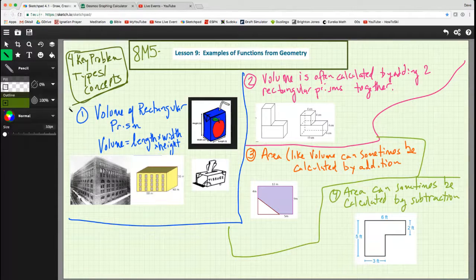You need to know the volume of a rectangular prism is the length times the width times the height. Rectangular prisms are 3-dimensional things in the real world, and things like a juice box is a rectangular prism because it has a length, a width, and a height, and each side is a rectangle.